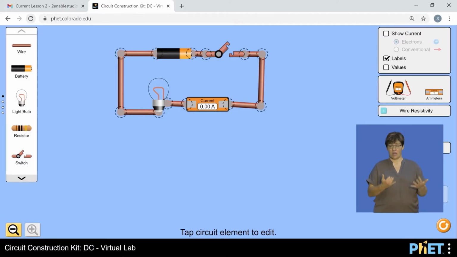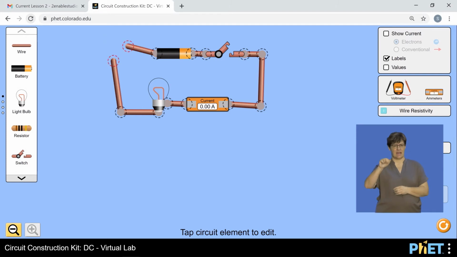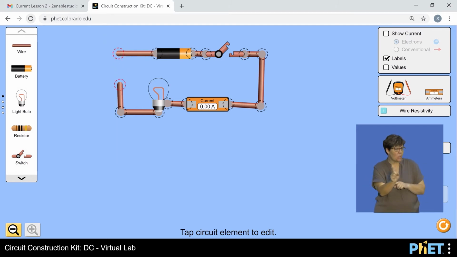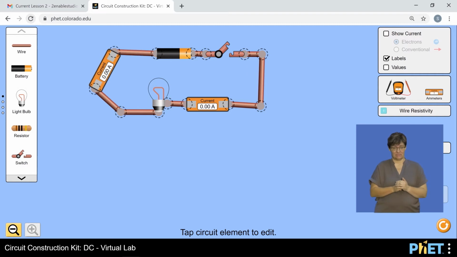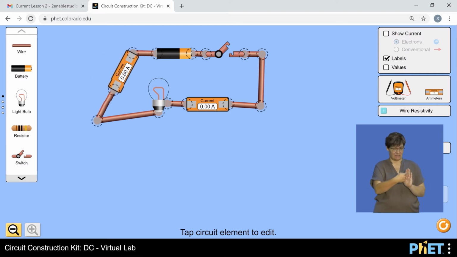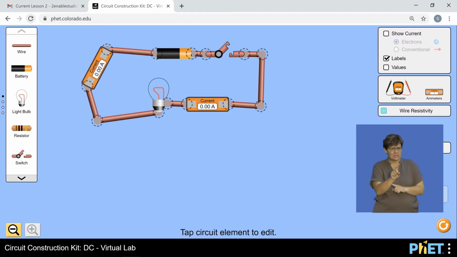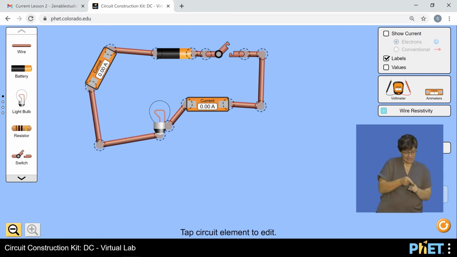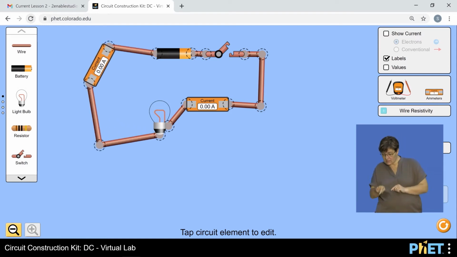Now back to the simulation, let's add another ammeter and see how we can discover something very important about current. We'll add another ammeter onto this circuit just to get a sense of exactly what happens when current flows through a circuit, right?